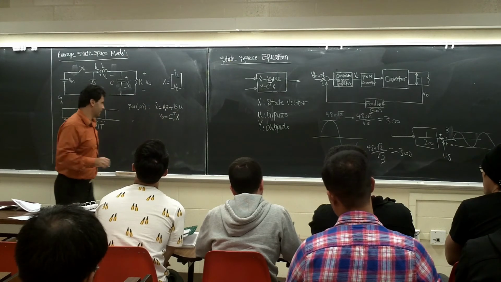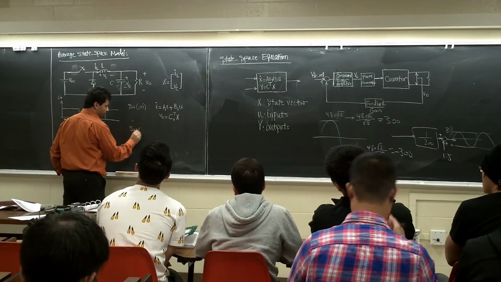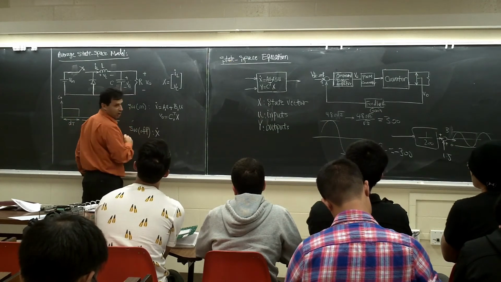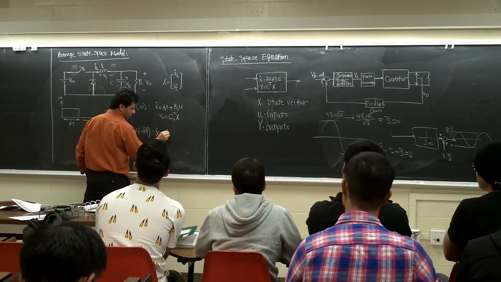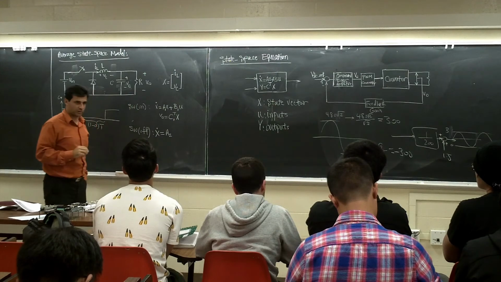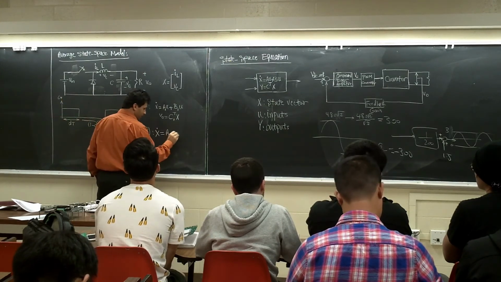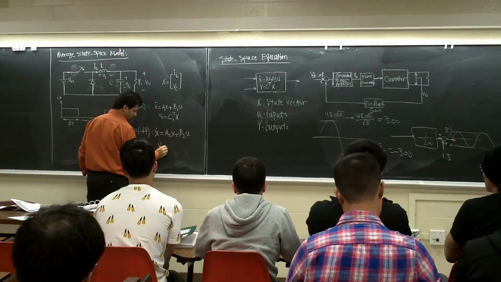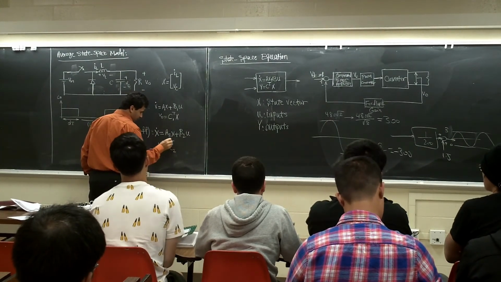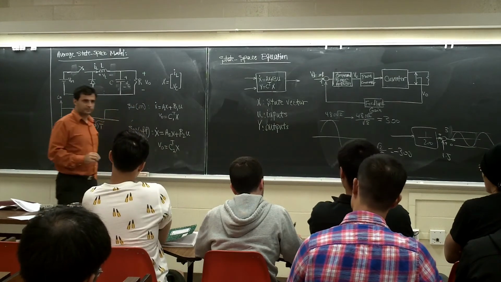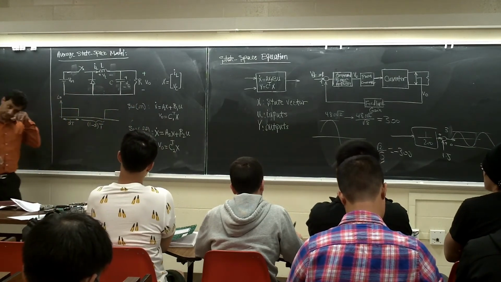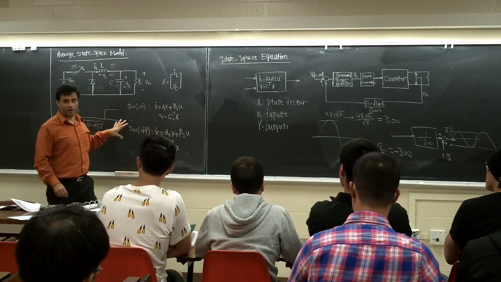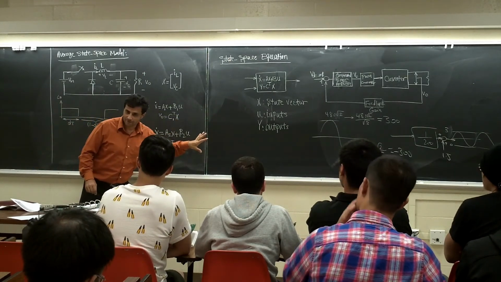When the switch is off, X dot is A2 X plus B2 U, because the circuit changes, and VO is C2 transpose times X. So if the switch is on, it's this; if the switch is off, it's this.